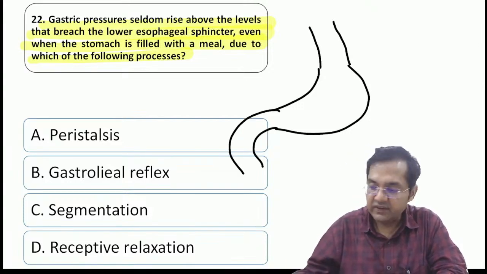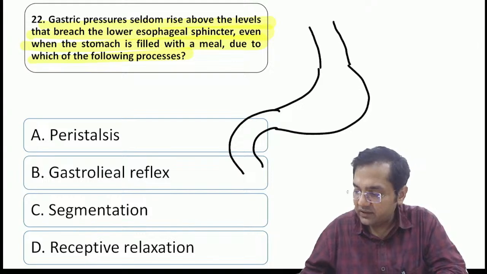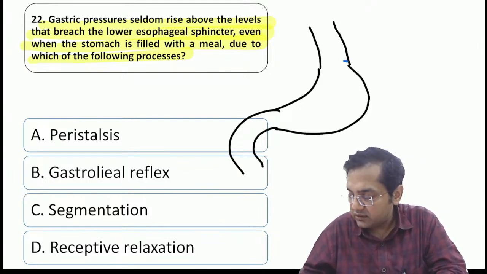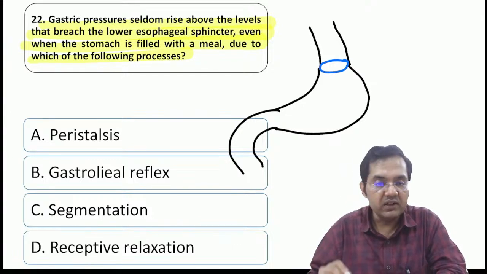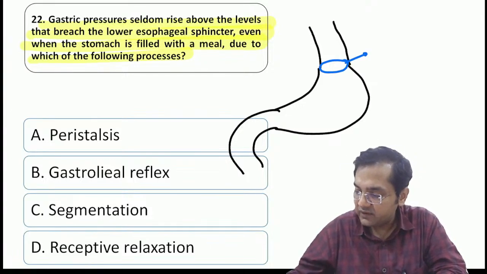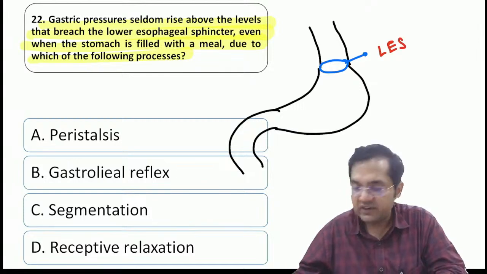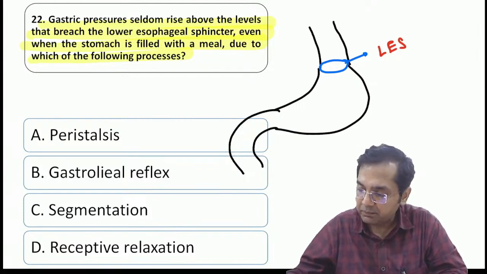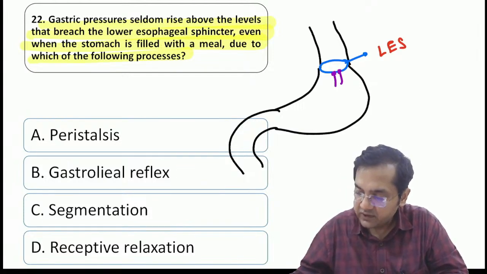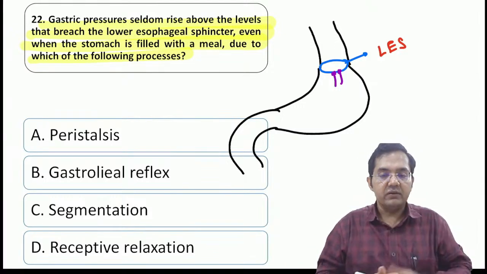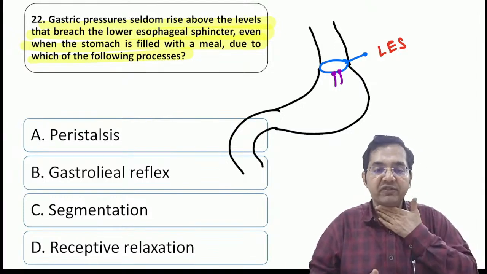So we are saying that even when the stomach is filled with a meal, the pressure in the stomach will never breach this lower esophageal sphincter. That means it will not happen that the food will start going in the reverse direction, back from the stomach into my esophagus. That doesn't happen.